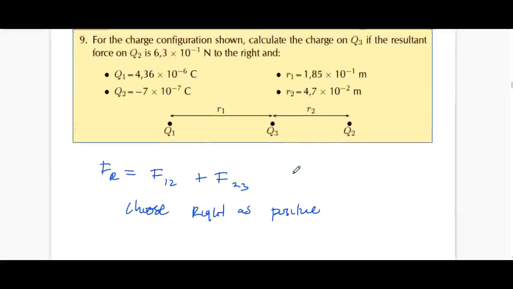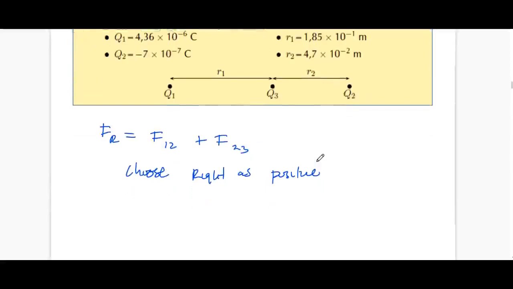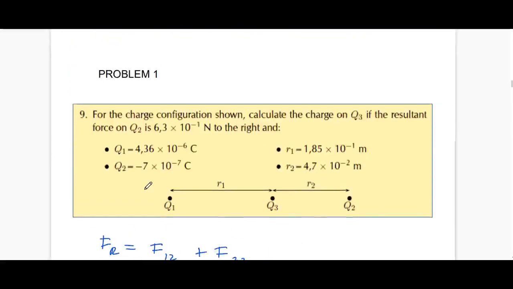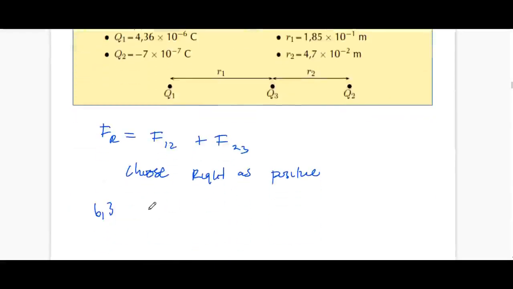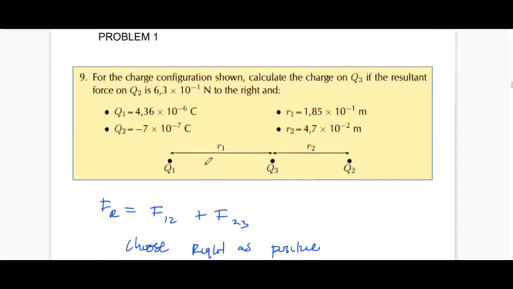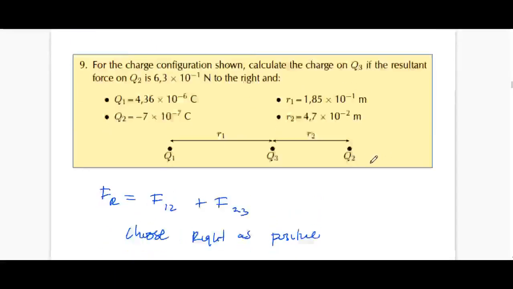So now the resultant force 6.3 times 10 to the power minus 1 is equal to F12. I can get F12.